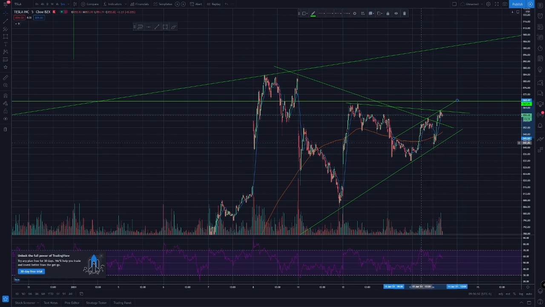I'm just trying to see if I'm missing anything. There's also this line, it looks like, where it goes something like that. These could be possible spots where it'll stop the price like it's doing right now.